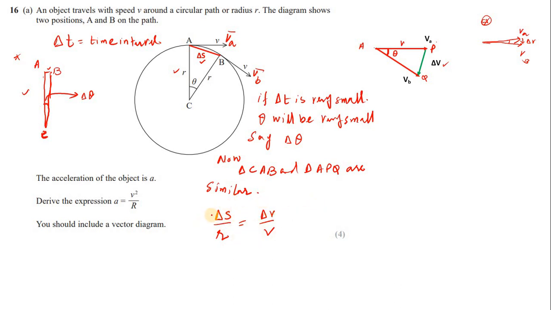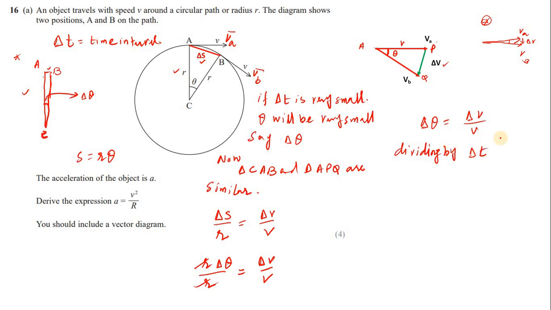Now delta S is the arc length. S is equal to r theta, if you recall. It is very small but can be considered as the arc length. So delta S can be written as r delta theta, equal to r delta V by V. So r gets cancelled, and then delta theta would be equal to delta V upon V. Now you're dividing by delta T, the time interval.